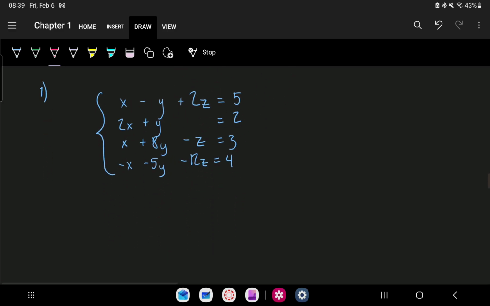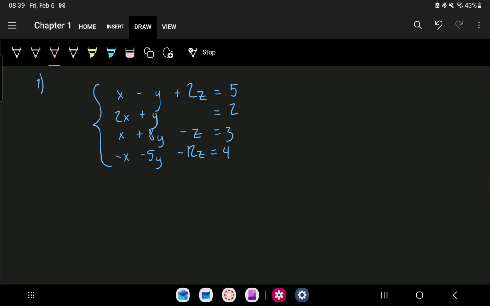Okay, so this first one looks a little scary, but I promise we can get through it. The idea is that we are going to start with this first column. We have this first one that's just x. That is perfect. That is ideal, and I'm going to later call it our pivot value.